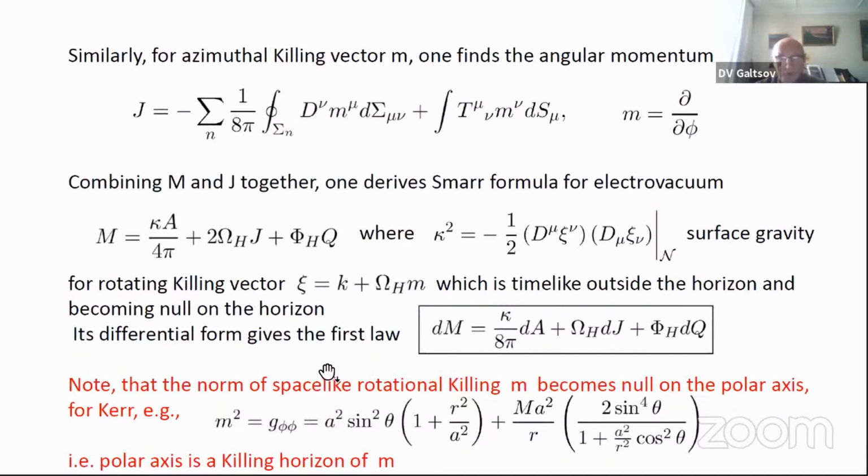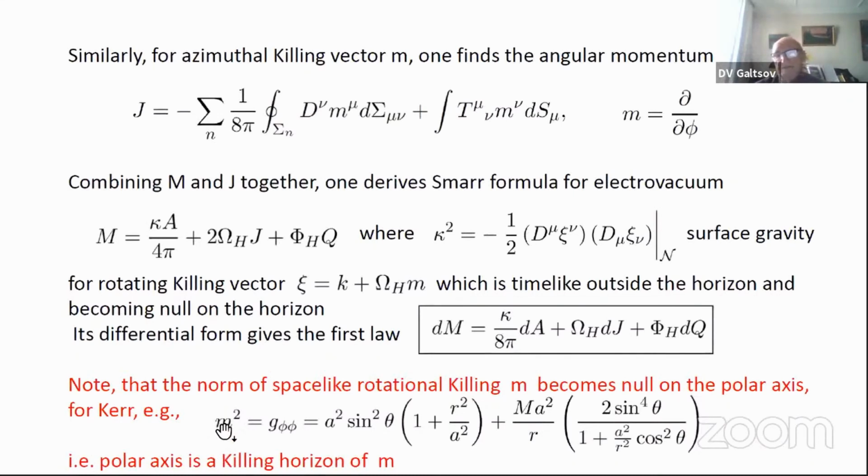Now, an important remark is that if you take just the space-like Killing vector m and consider its norm, you can see that on the symmetry axis, theta equal to 0, it also becomes null.